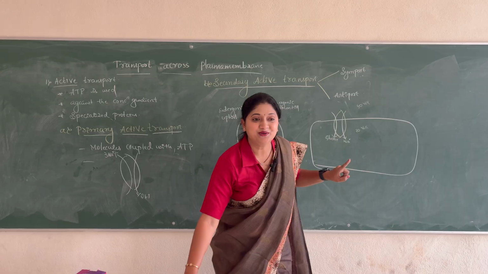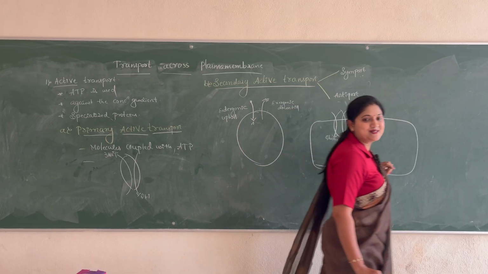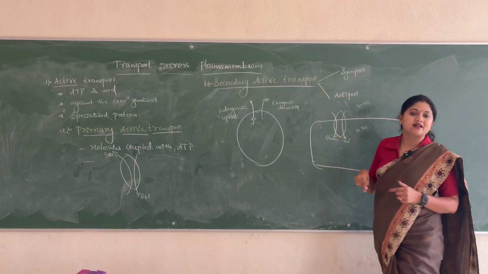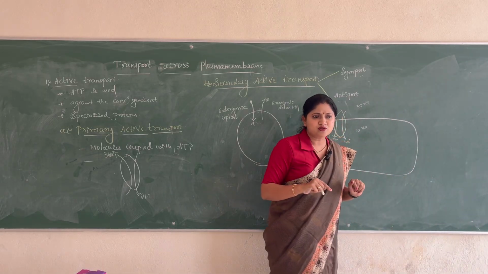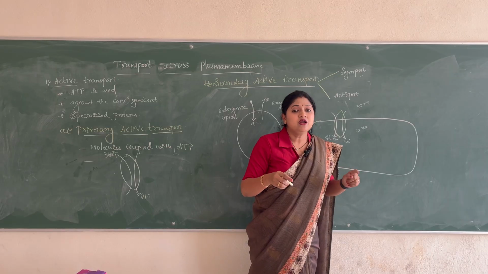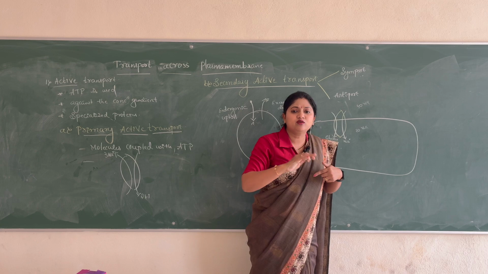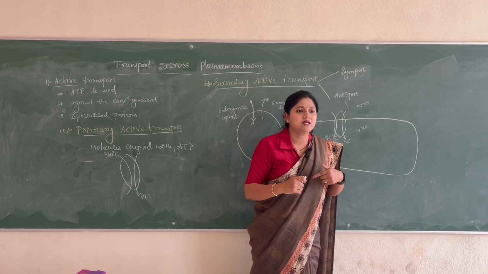Now let's see the beauty of this symport mechanism. Why is the glucose getting transferred? Because the cell needs glucose. When does the cell need glucose? If the body already has excessive glucose, it will not need it and will not take glucose from the extracellular matrix.